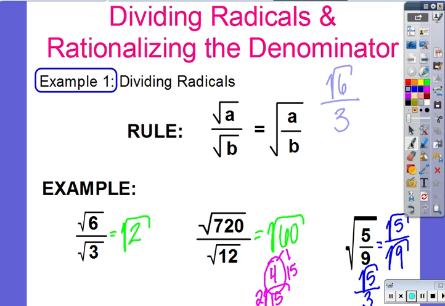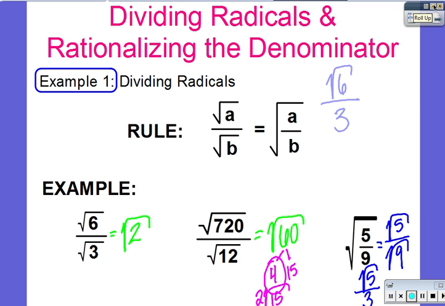Now, if I change that problem to, let's say we had 6 times the square root of 6 divided by 3, could I simplify that? Yes, because I have a 6 on the outside. This 3 is on the outside, so that would actually simplify to 6 root 6. Okay, this is why division's on a separate day, because there's so many different ways it can look.